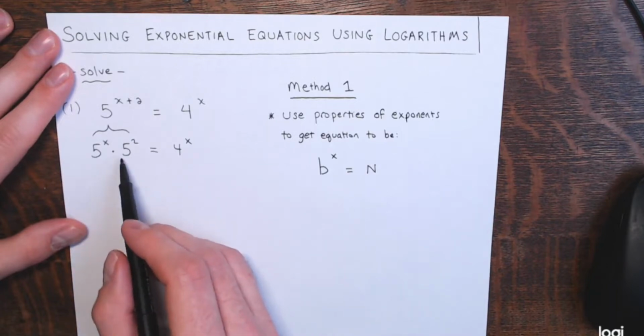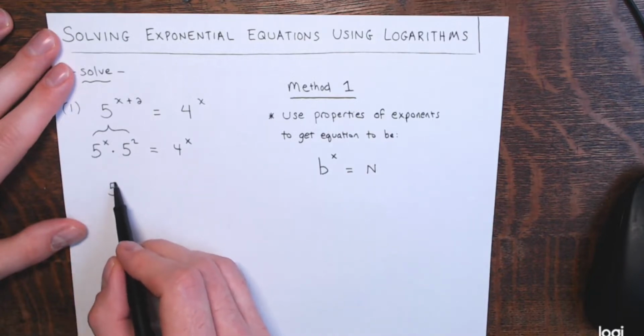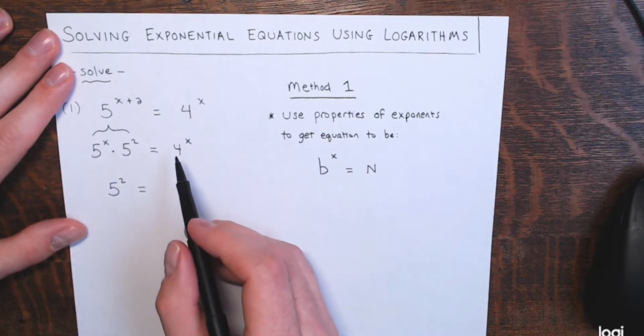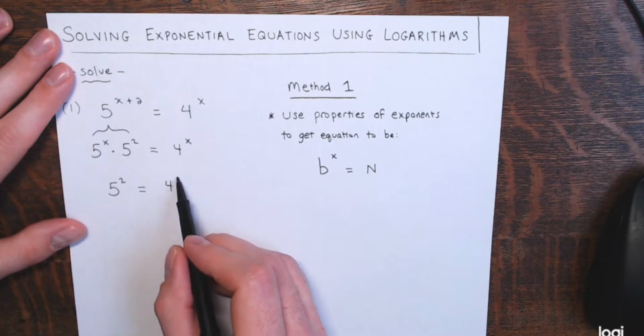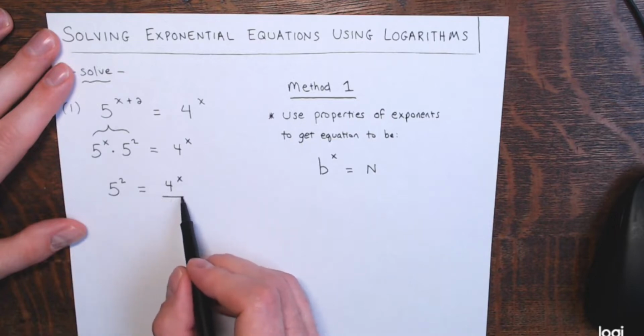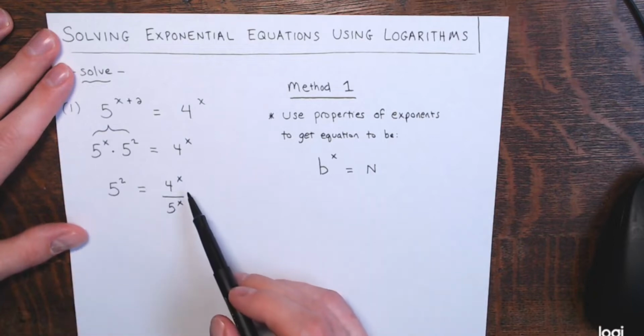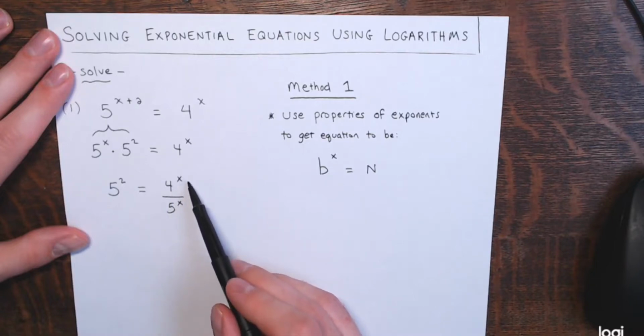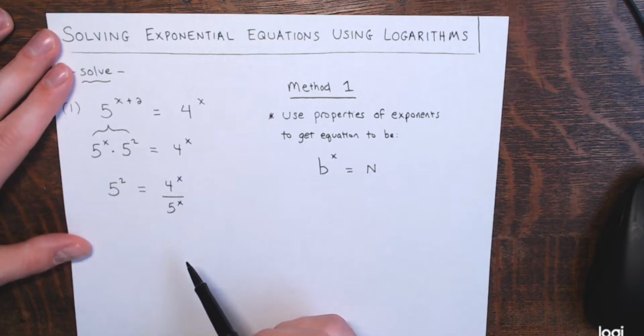On the left side I still have 5 squared, equals, on the right side we now have 4 to the x divided by 5 to the x. Another property of exponents that will be useful here is when you divide expressions with the same power, keep that power and make the new base by dividing the old bases.